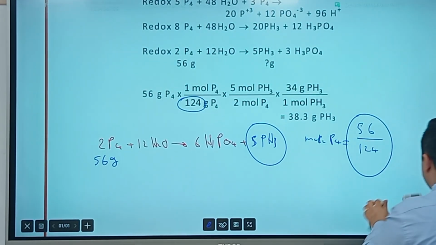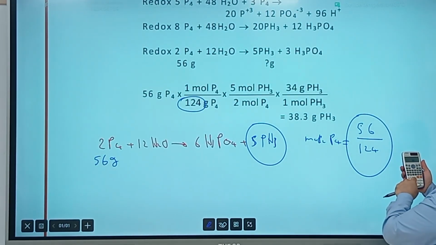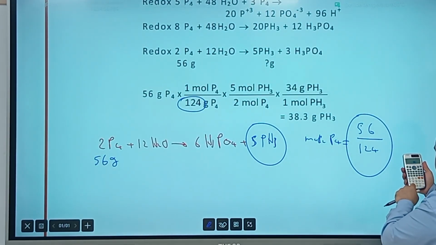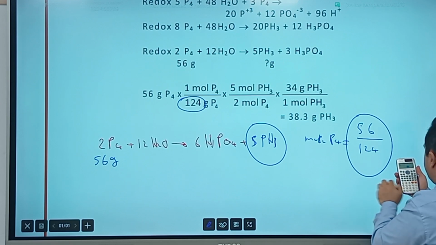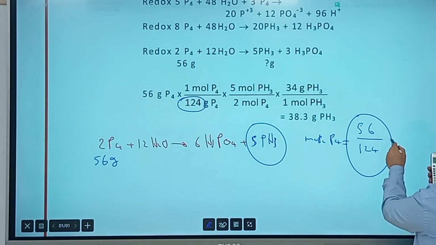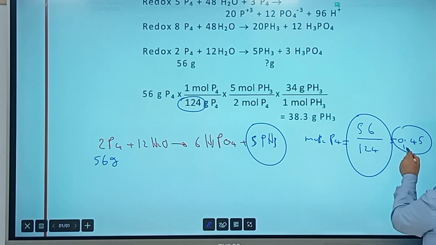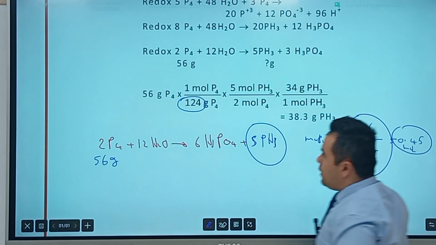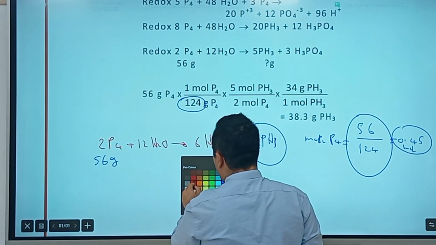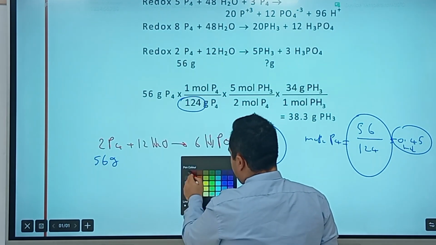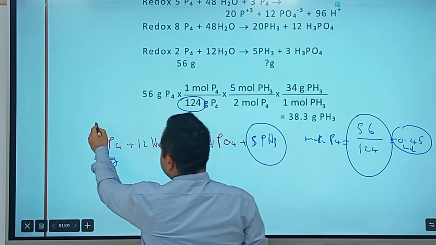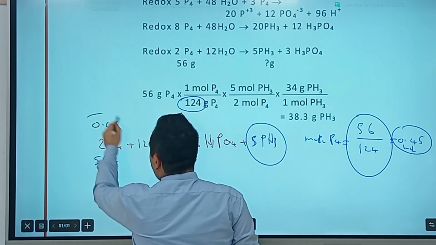We have solved it, but let me calculate. Here, 56 gram divided by 124, you'll get the result of 0.45 mole. So how many moles of phosphorus do we have? 0.45 mole is given.